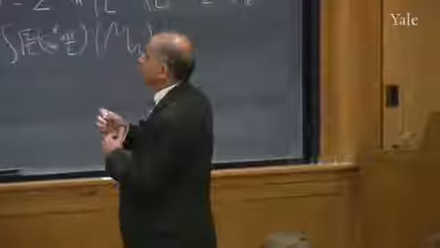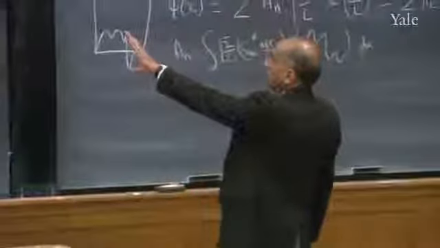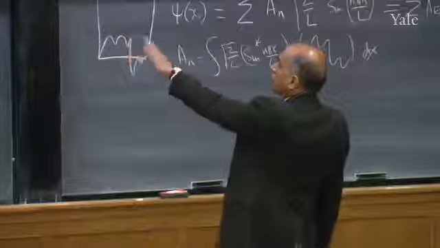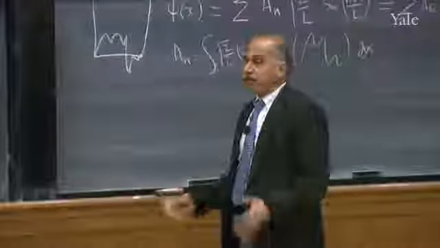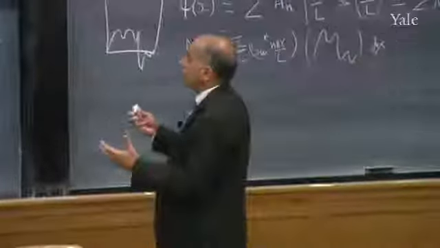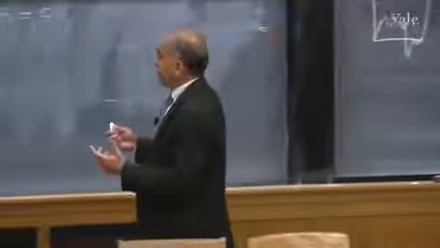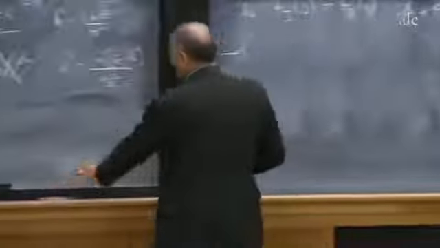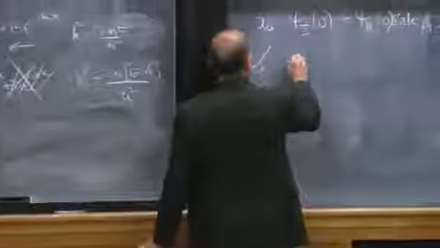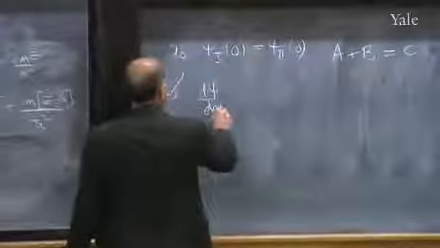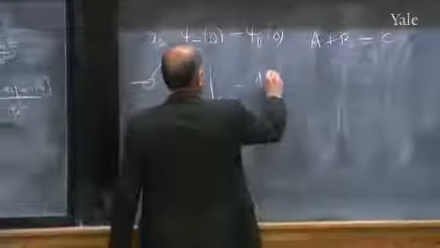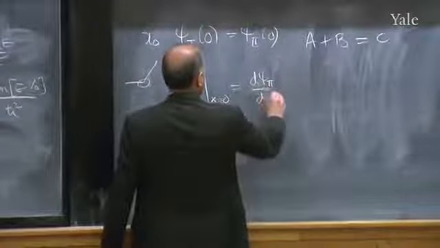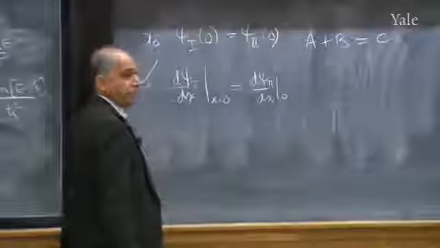But in the Schrodinger equation, if the second derivative of psi is infinite, there are no compensating terms in the equation, because E and V are all finite. So that infinity will not be balanced, and you can never have that. The second derivative must be finite, so the first derivative must be continuous. So I require that d psi 1 dx at x equal to 0 must match d psi 2 dx at x equal to 0.